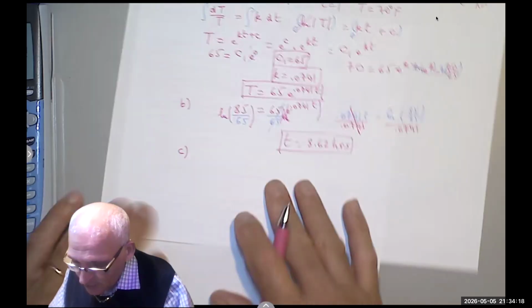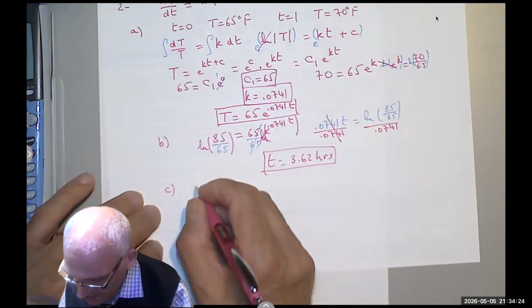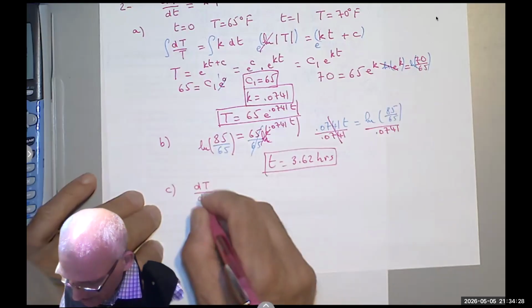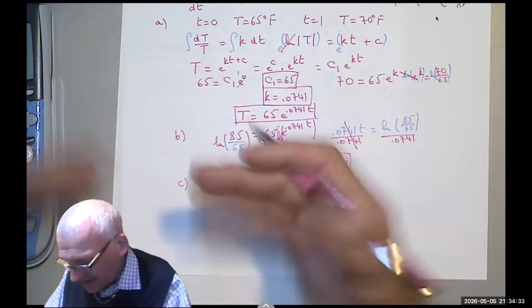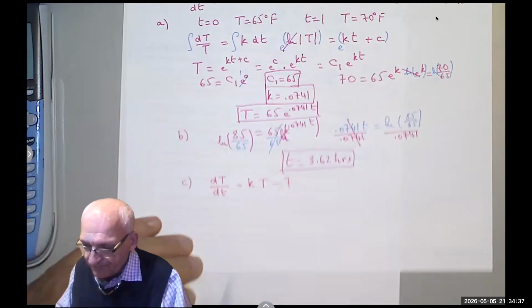So now my original equation, or differential equation, instead of being kT, k is constant, of course, because that's the cooling constant, minus 7.